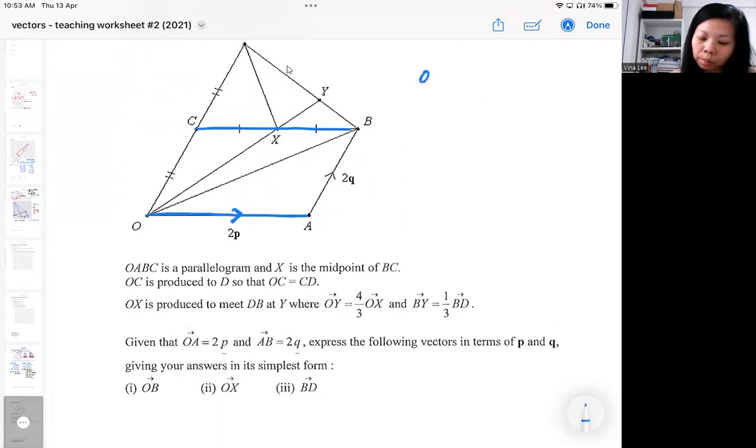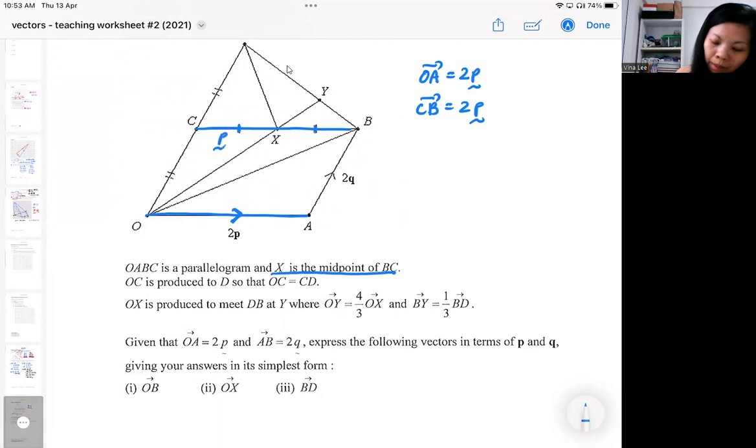So OA should be equal to 2P, and CB is also equal to 2P because of equal vectors. And then because I'm given the midpoint, I'm expecting this part to be a P, this part to be a P. So CX is equal to XB, equal to P.